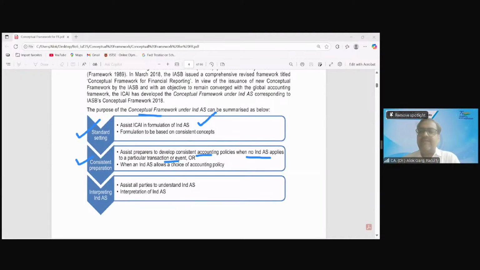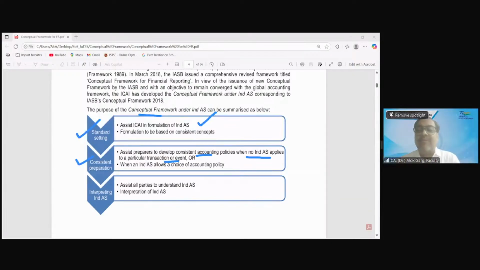Ind AS 8 is talking about the accounting policy. It says that if you have to draft an accounting policy on a particular item, you have to look at the specific Indian accounting standard. If a specific Ind AS is not available, then you have to go to a similar Ind AS. If a similar Ind AS is not available, then you have to go to the Conceptual Framework for Financial Reporting to draft an accounting policy on that particular item.